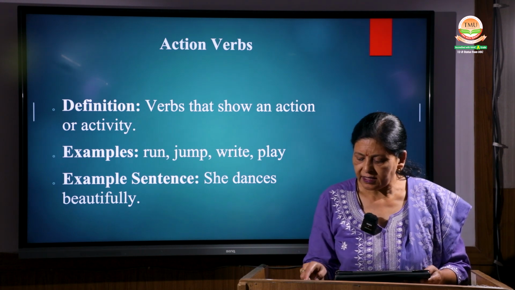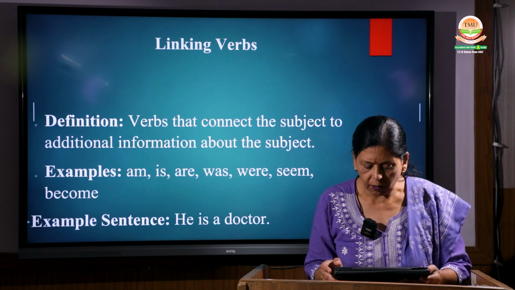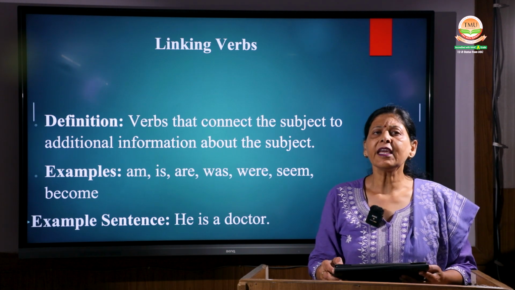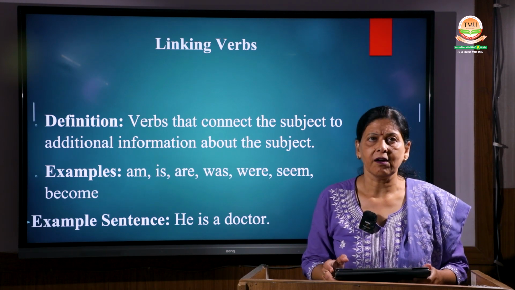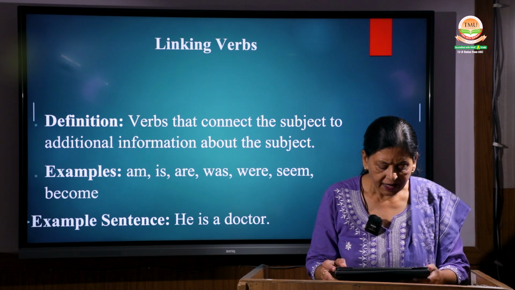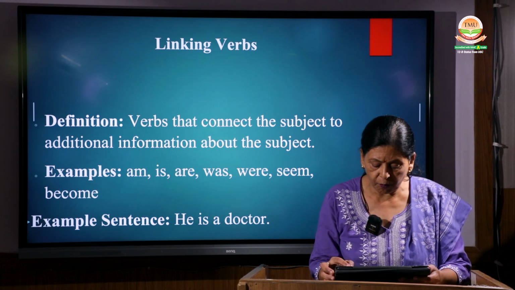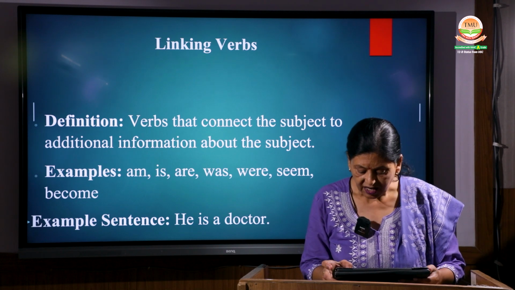Then the next category is the linking verbs. What are the linking verbs? As the name reflects, linking verbs are the verbs which link. They give some additional information about the subject.